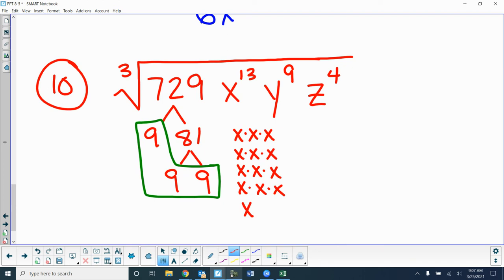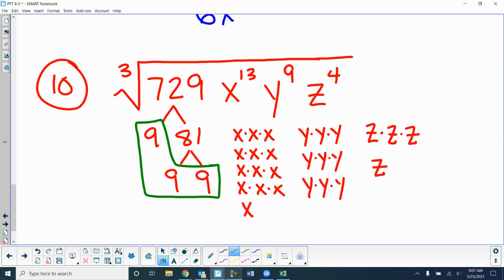So there's 13 x's, right? And why am I doing it in groups of 3? Because it's cube root, right? Okay, so I just wrote it all out, the long one.